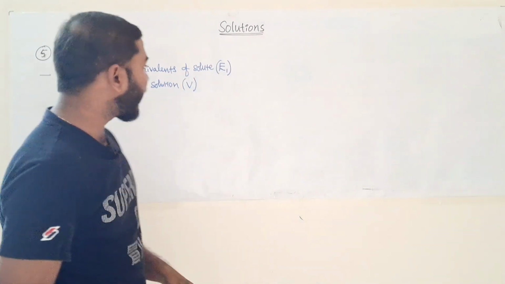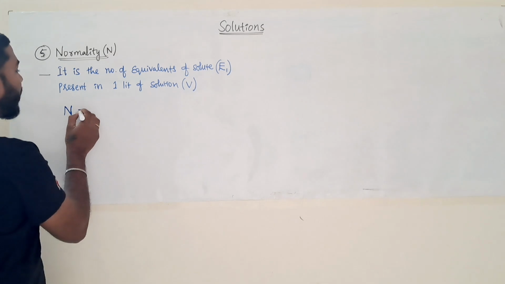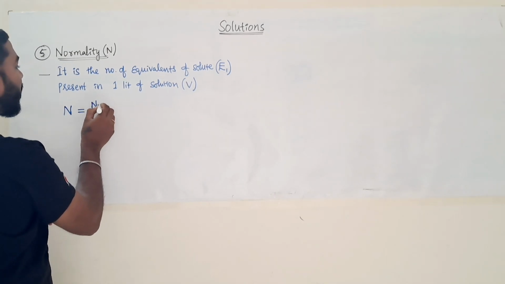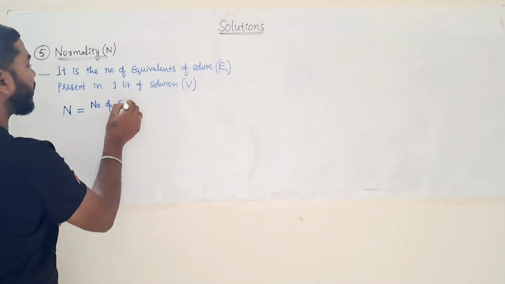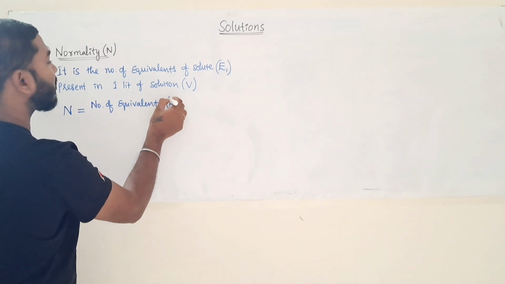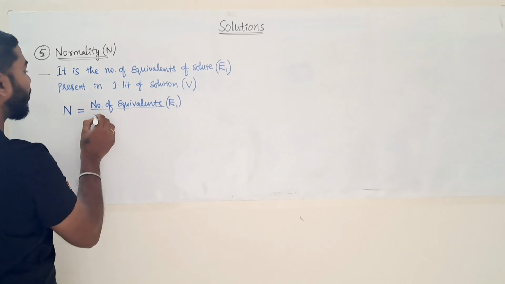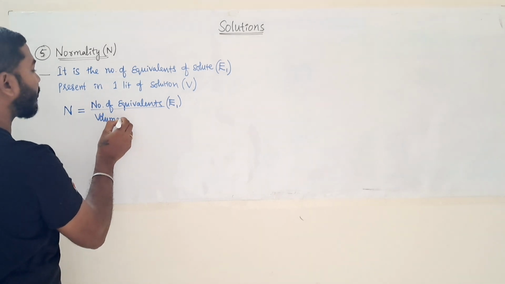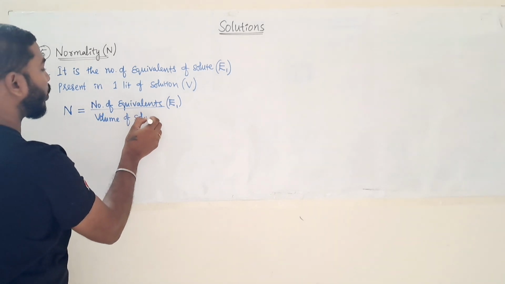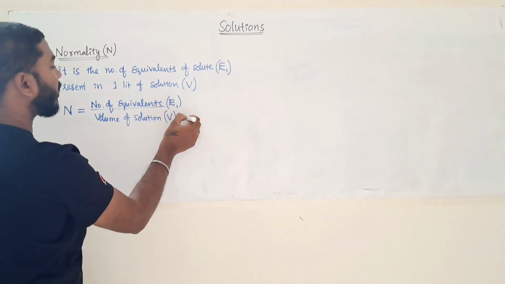Now if we try to write down the formula, normality is equal to the number of equivalents. We write this as E1 because we are talking about the solute, present in the volume of solution, which we have to take in liters.